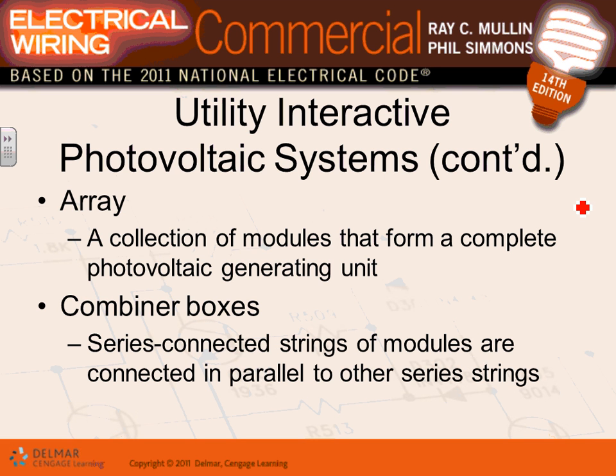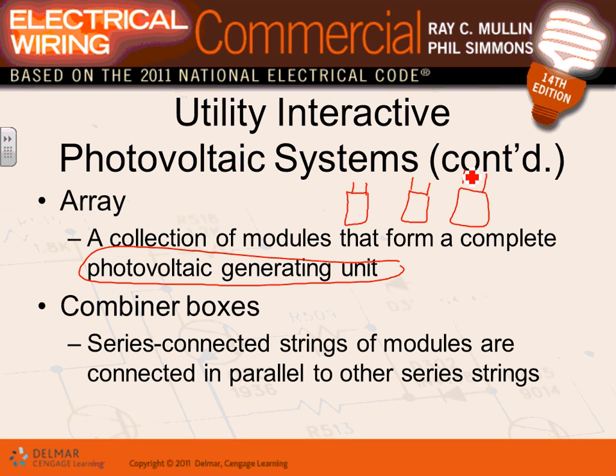Array: we collect all these panels together into a complete photovoltaic generation plant. That's a fancy name for a bunch of them sitting here. For ease of installation, here's positive, negative, positive, negative. You tie the positive to the negative of each one, like batteries, and take the output from here.